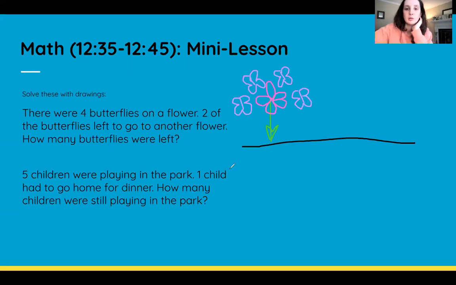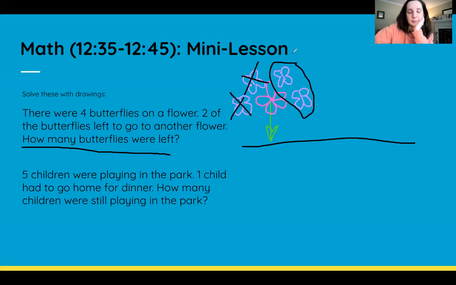Think about how you could show that. Okay, you could cross the 2 out to show that those 2 are gone. They flew away. How many are left? Okay, now can you write a number sentence, a subtraction sentence to show this? Something minus something equals something. Can you write that down? Give you a minute.